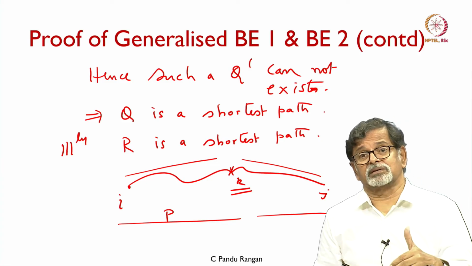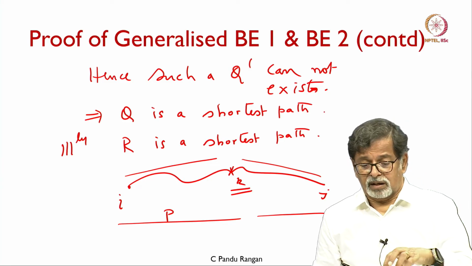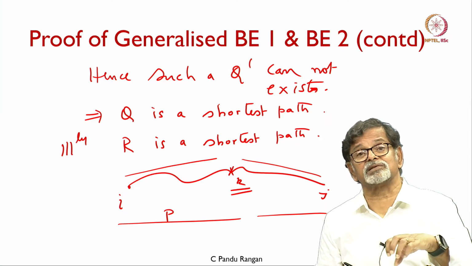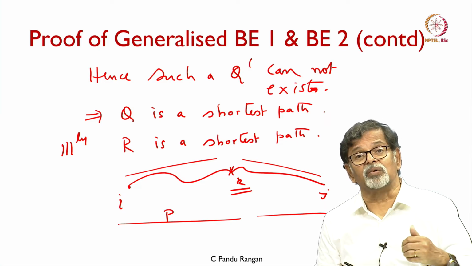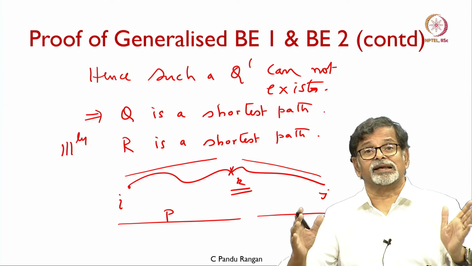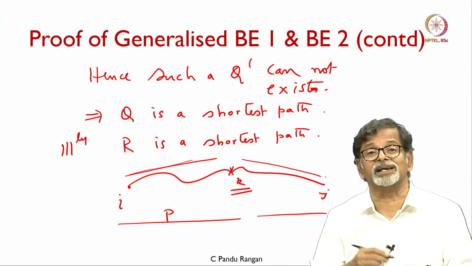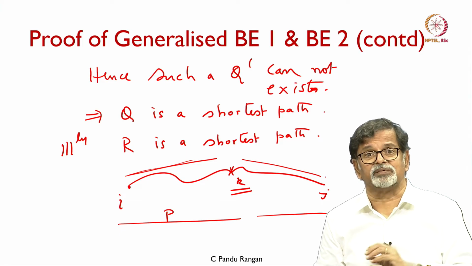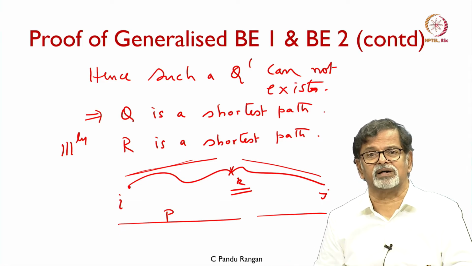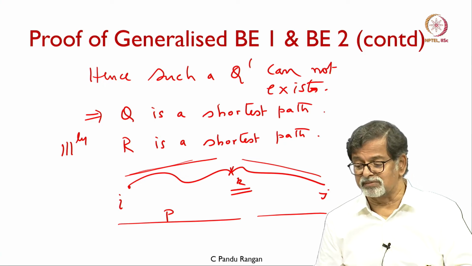Note that these are the shortest paths with smaller bound. If P has length L, all these things will have length less than L. In fact, what we have seen is, by way of combining, the upper bound is 2L.